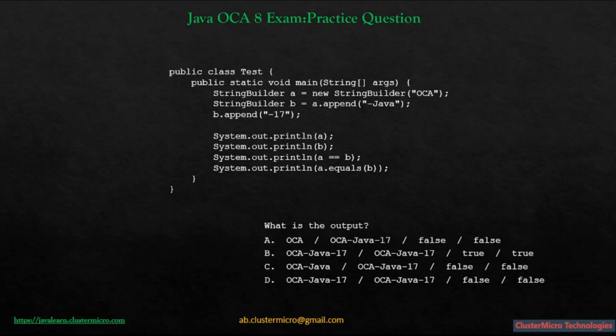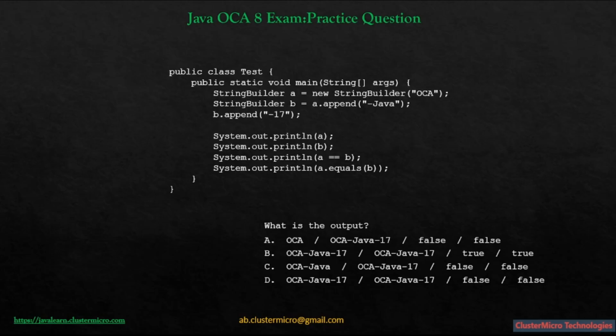And System.out.println(a.equals(b)) will be true. Equals compares references, memory addresses. a and b point to the same object, same address, so it's true. Then a == b, System.out.println(a == b) is true. StringBuilder does not override equals, so it uses Object's reference comparison.